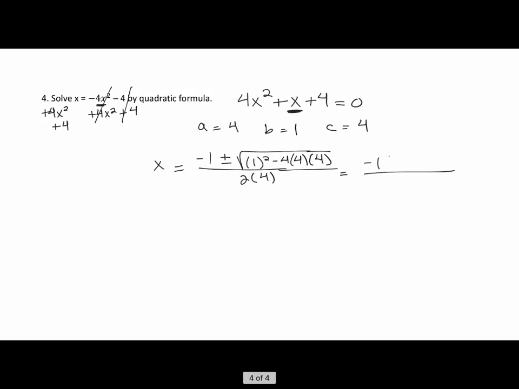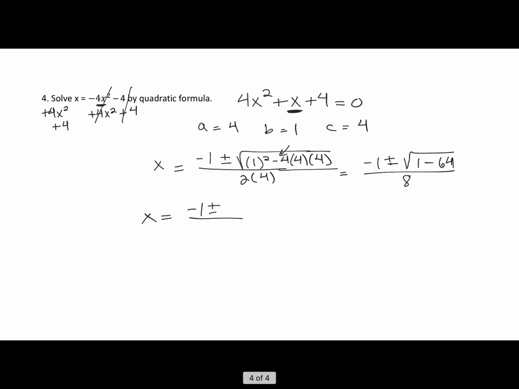So I need to simplify what's inside the radical. 1 squared is 1. There's 1 negative, so that's negative. 4 times 4 is 16 times 4 is 64. And then in the denominator, 2 times 4 is 8.